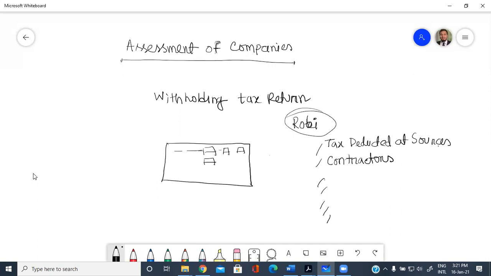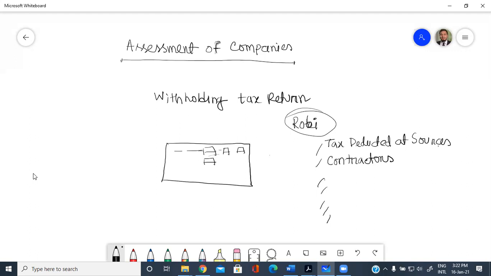So the rule is that you have to submit this return, which is the withholding tax return, which includes the information about the TDS you have collected from the different transactions you have incurred.